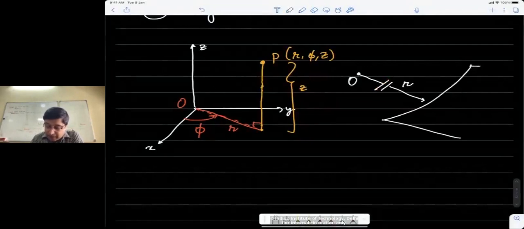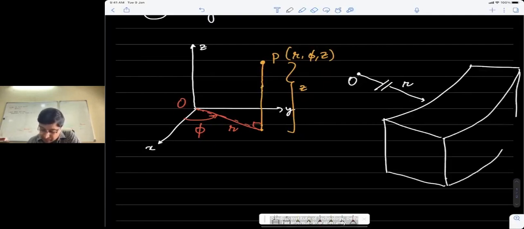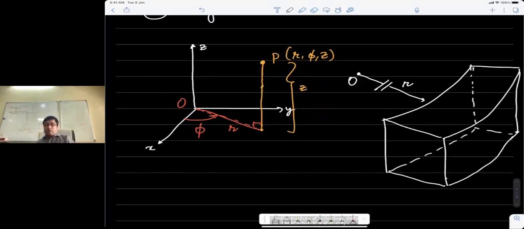And then we have a differential element which would have the following dimensions. At a distance r, we'll have three coordinates to describe this differential element.